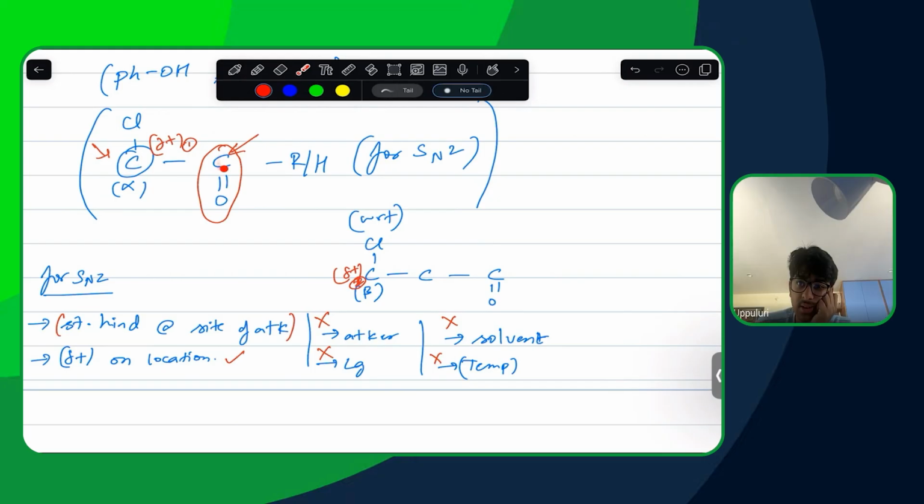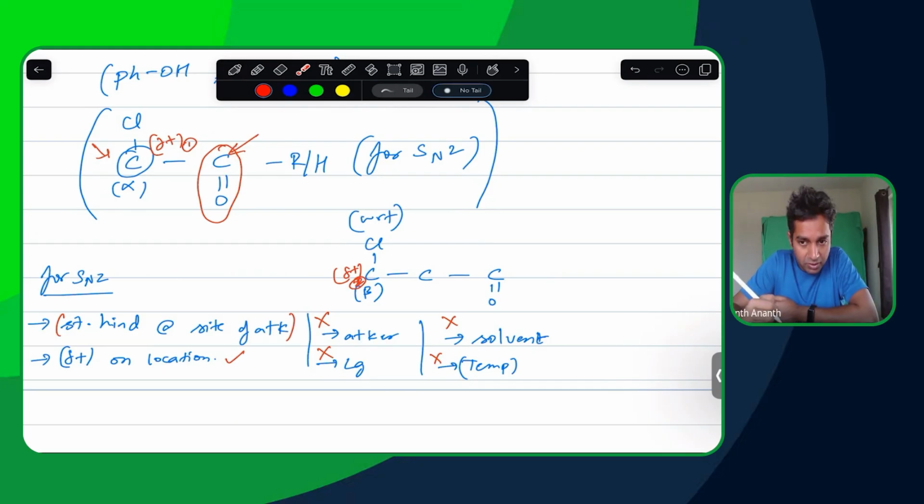Because this location here also has a high delta plus, correct? Sir, but then there's no leaving group to leave. No. See, that's what I'm trying to tell you here. In the alpha halo there, the main thing which might happen is that you might have nucleophilic addition happening on the carbon.